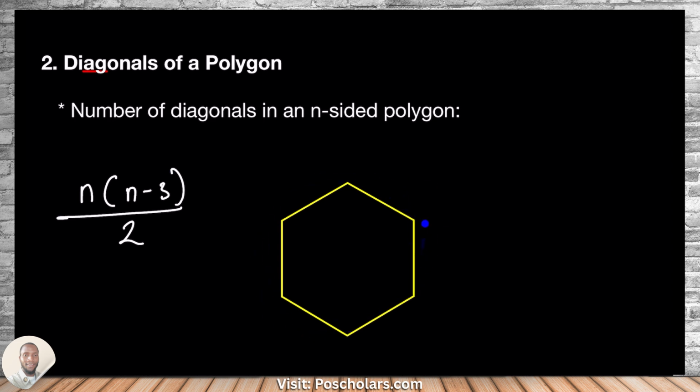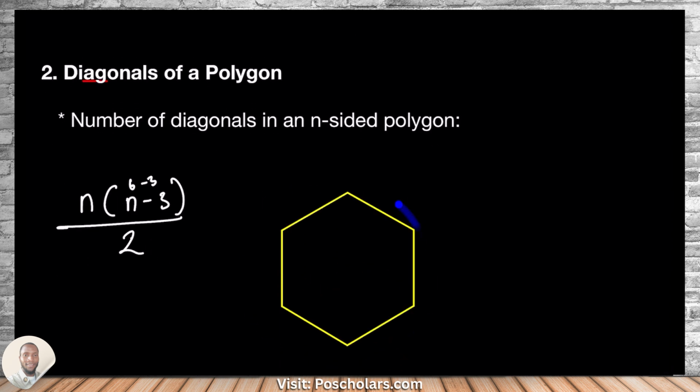To find the number of diagonals in this diagram, we use this formula. Let's plug in 6. 6 minus 3 gives 3. Then 3 times 6 gives 18. 18 divided by 2 gives 9. That means the number of diagonals in this shape is 9.